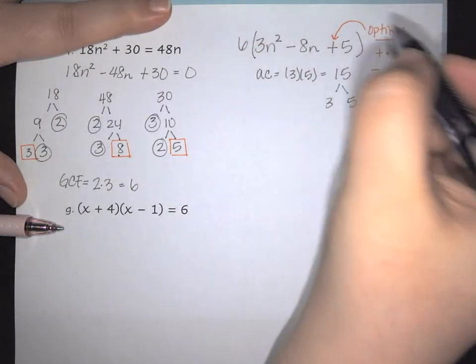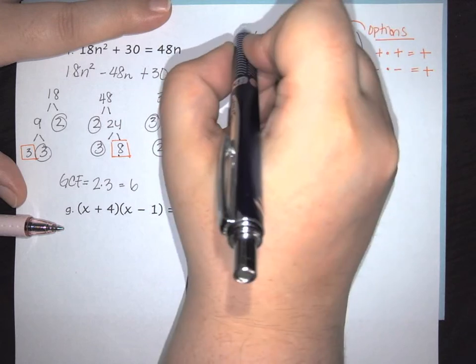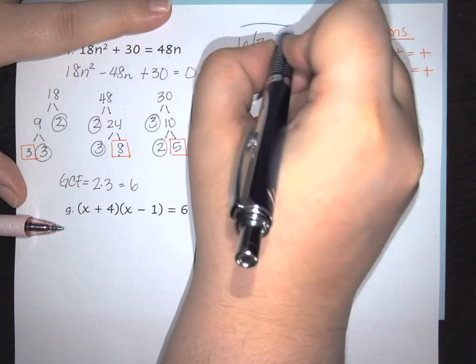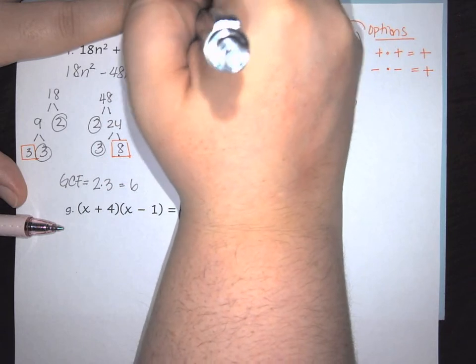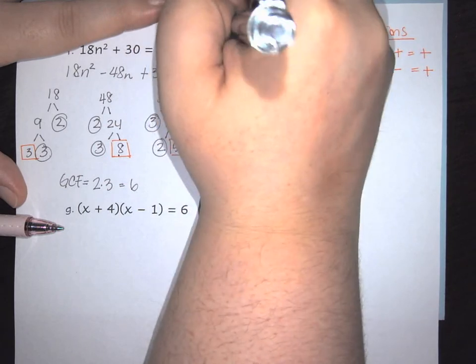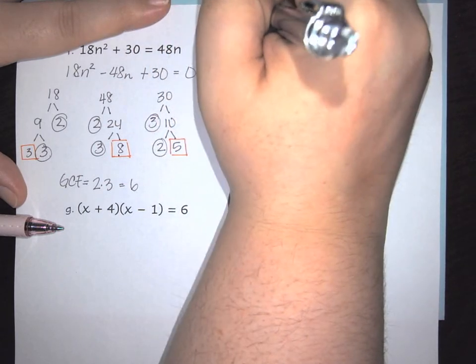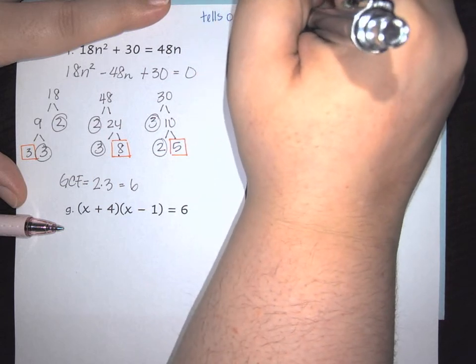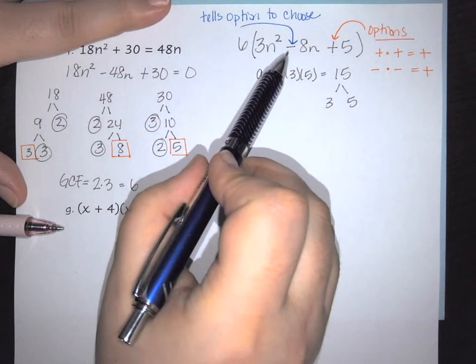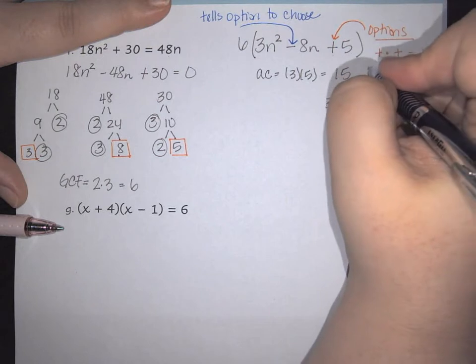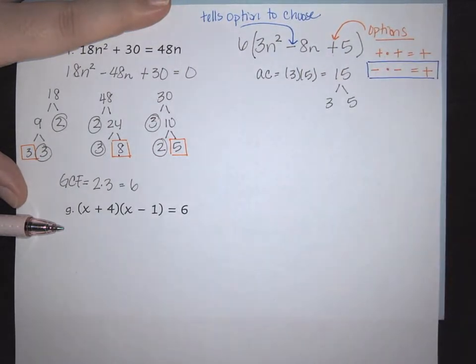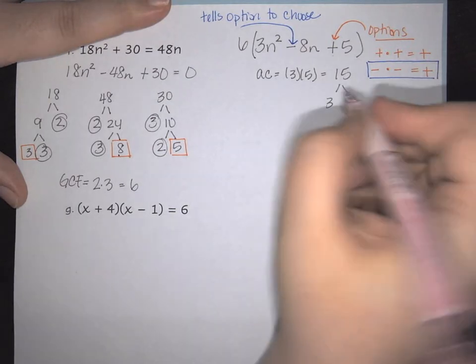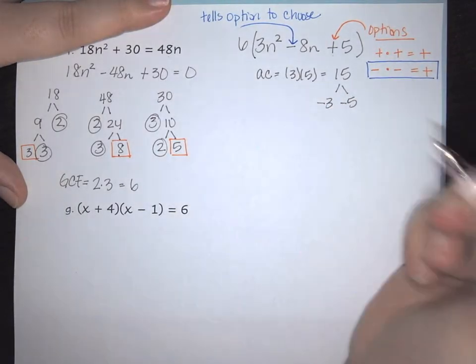What that also means is that this middle term here is going to tell you the option to choose. So here I need to add to a negative, so that means I have to make my factors be the negative factor. So that means that these are both negative.